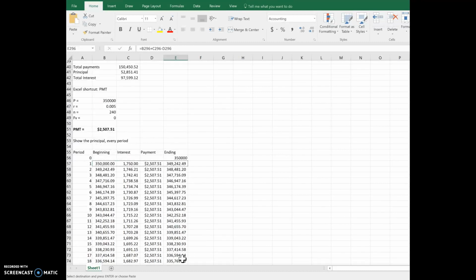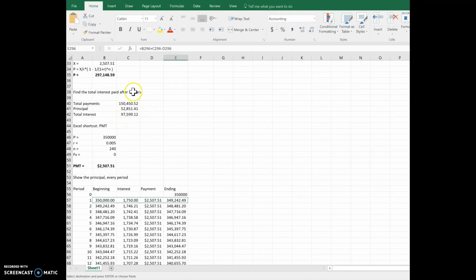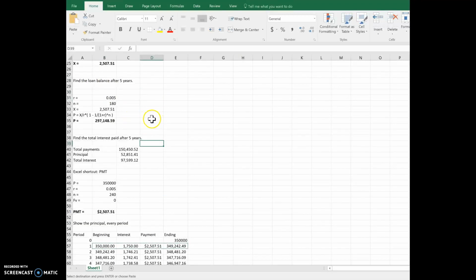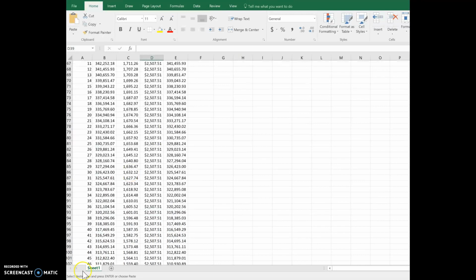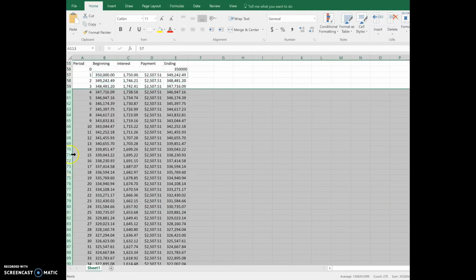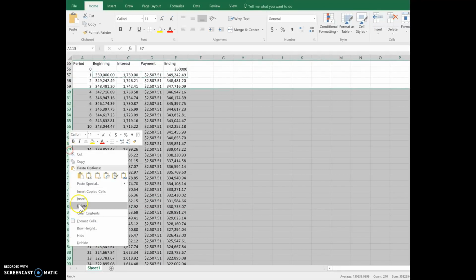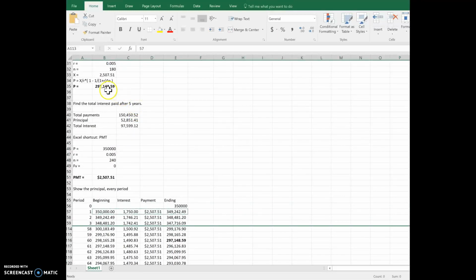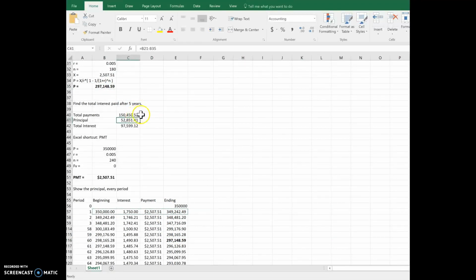Now, what's the balance after 5 years? After 5 years, that's period 60. See here, period 60 is 297,148.59, and that is the same figure that we got earlier. So how much have you paid in total interest?